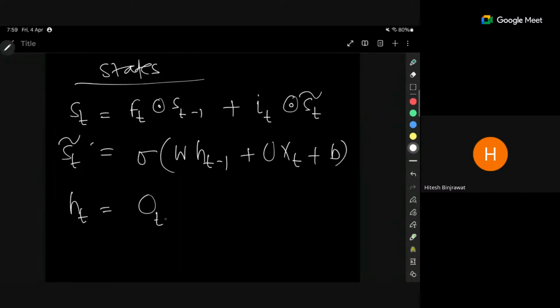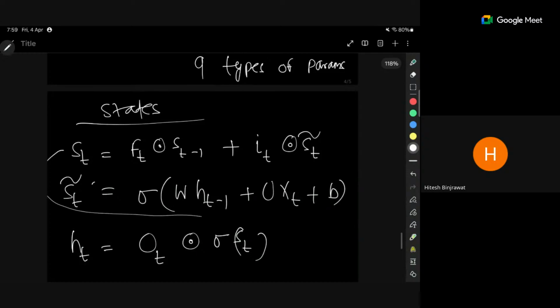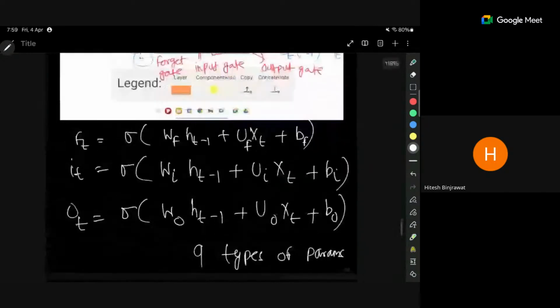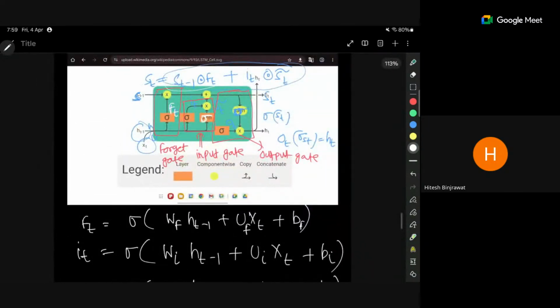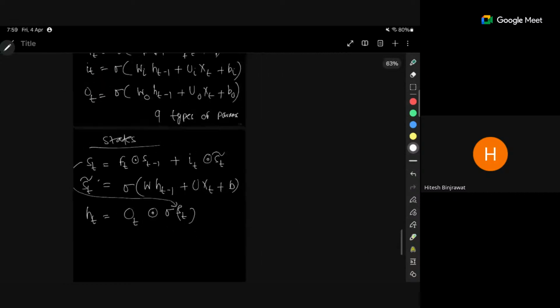This output you'll get from the output gate, which you will multiply with sigmoid of ST. So this ST goes to another sigmoid layer, and you do the element-wise multiplication. All of these are element-wise multiplications.